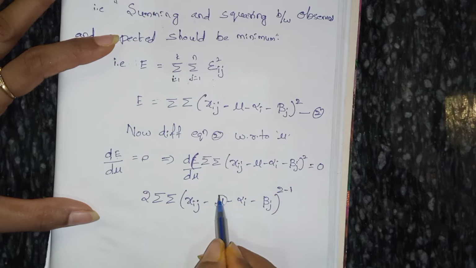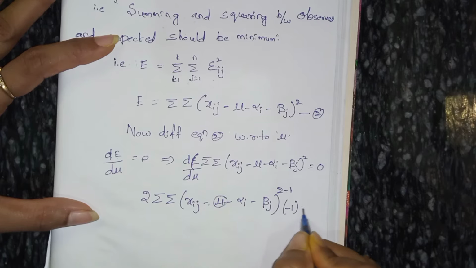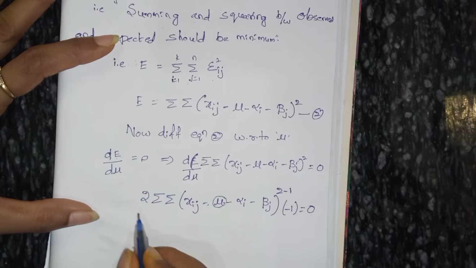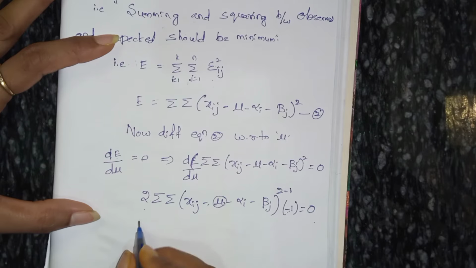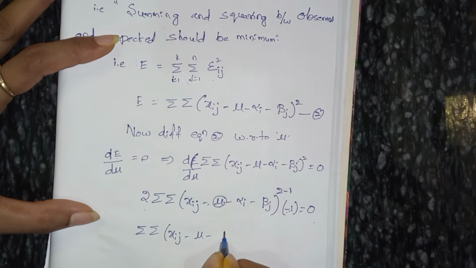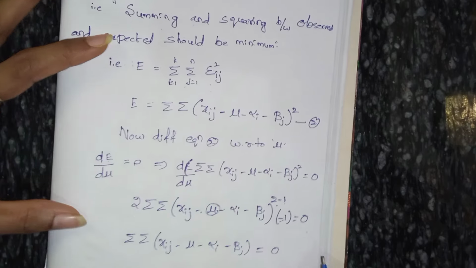So what is the coefficient of mu here? Minus 1, so minus 1 equals 0. This 2 and this minus, if we take from LHS to RHS, become 0. So summation xij minus mu minus alpha i minus beta j to the power of 2 minus 1, which is nothing but 1, equals 0.